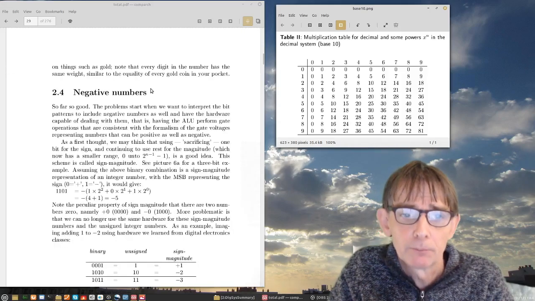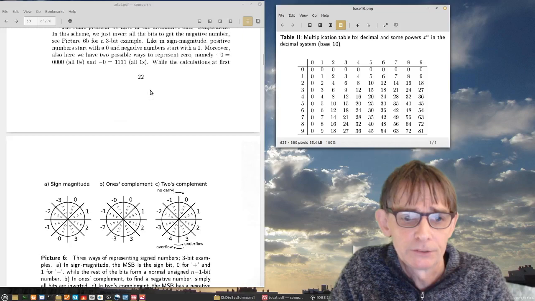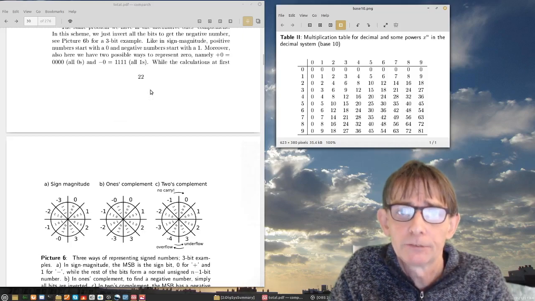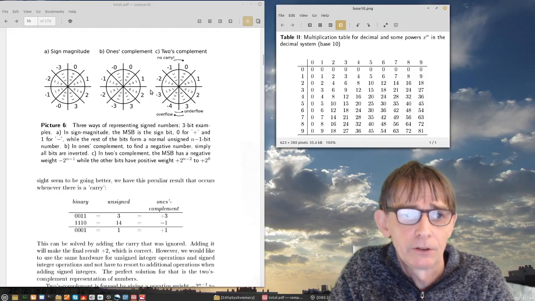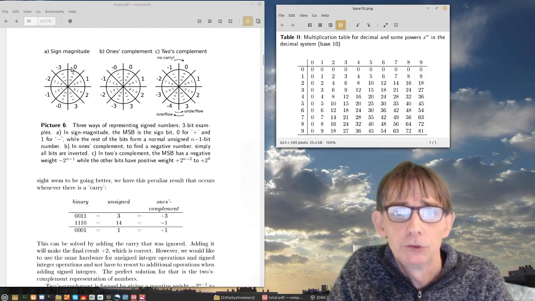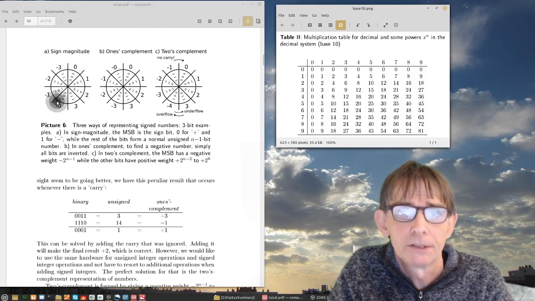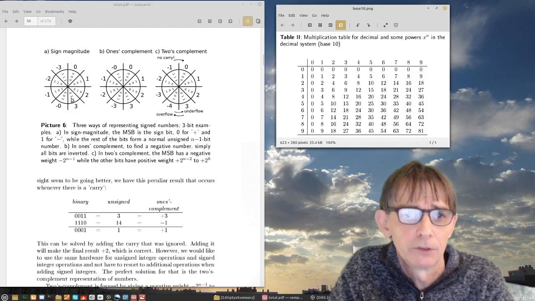Now, negative numbers start getting a little bit more complicated because we have to use a convention for how to store the negative sign. And we had 3 conventions. One was sign magnitude. You just use the first bit to indicate the sign, and then the other bits are the magnitude. The funny thing is, of course, then you have 2 zeros, plus 0 and minus 0, which is a little bit strange, if not an inefficient use of all the bit patterns.